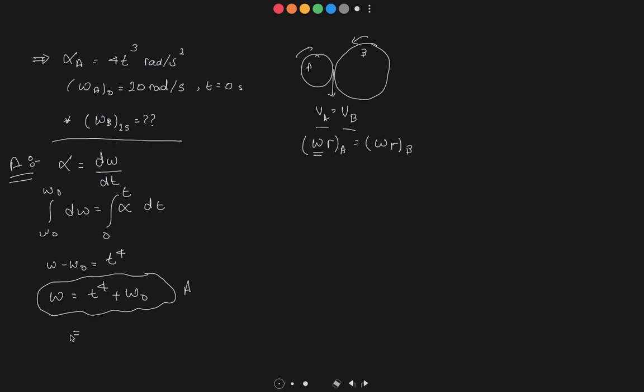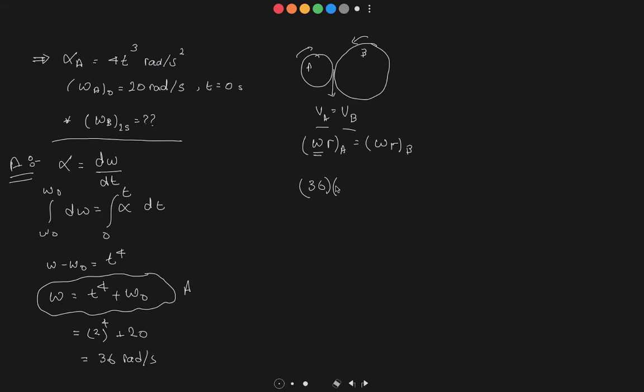Just substitute t as 2 to the power 4 plus 20, and here you get 36 radians per second. Substitute these values in this equation. We know that omega A now is 36 radians per second, multiplied by the radius.